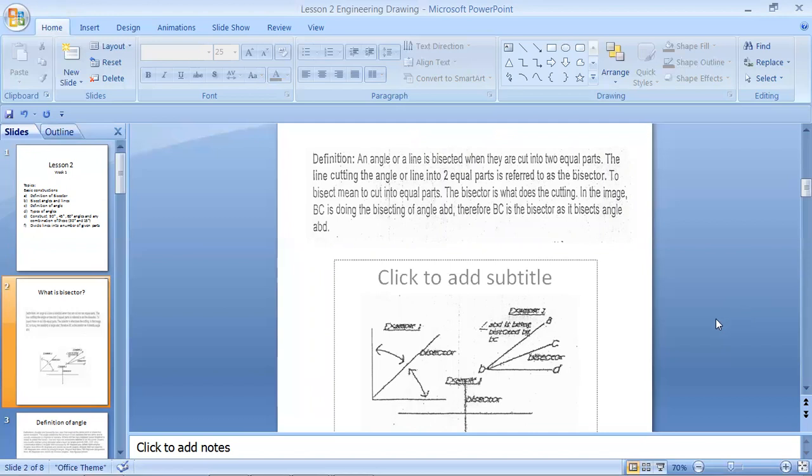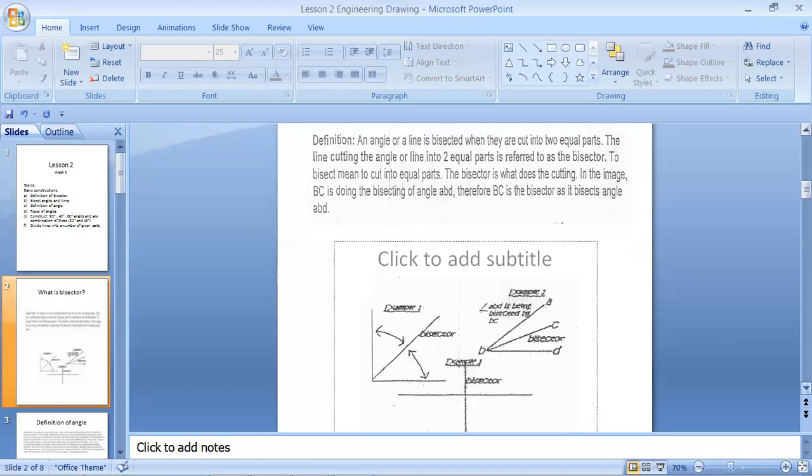Any angle or line, when cut into 2 equal parts, the line that cuts the angle or cuts the line into 2 equal parts is what we call a bisector line, right?